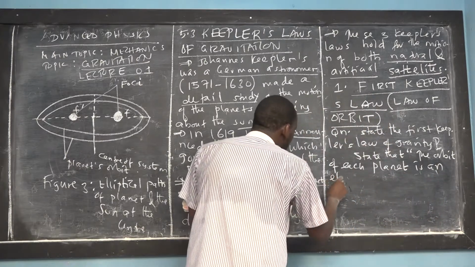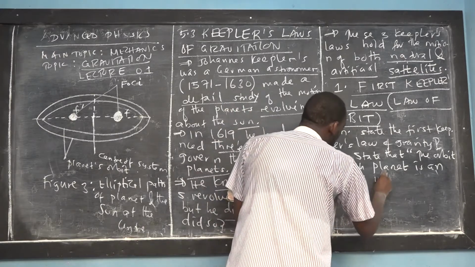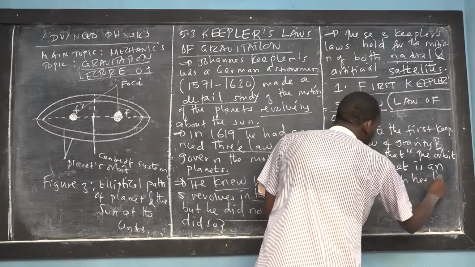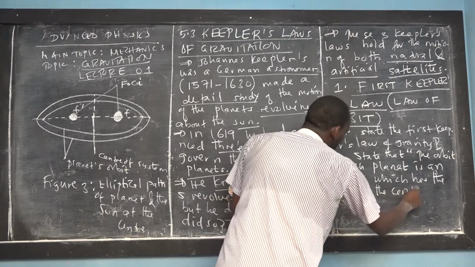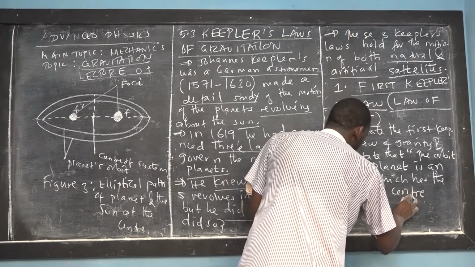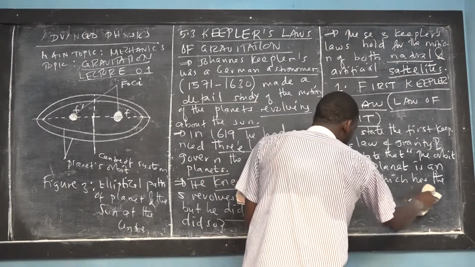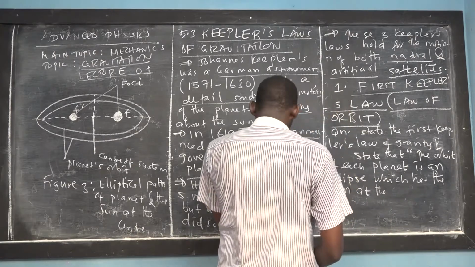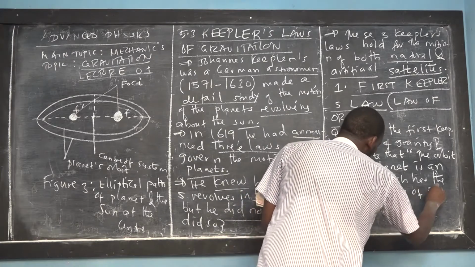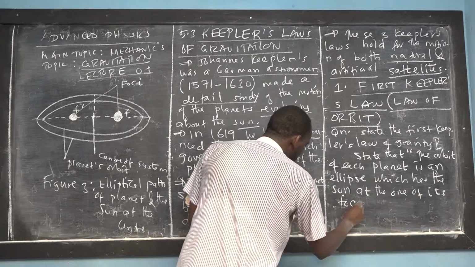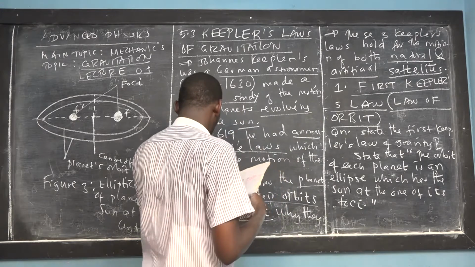Number one, it is an ellipse which has the sun not at the center, but at one of its foci. Foci is the plural of focus.